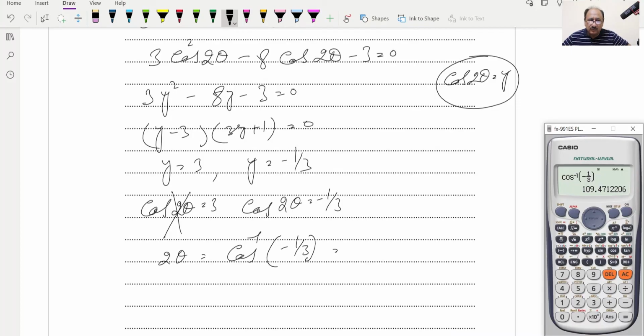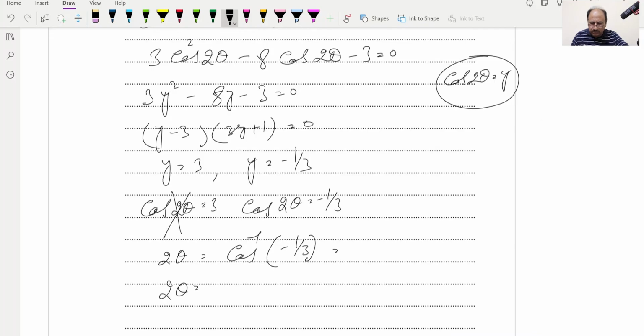We can check for the reflex angle too, and if we check for the plus value, this will be equal to 70.53. So we can take this angle directly, and this one is equal to 109.